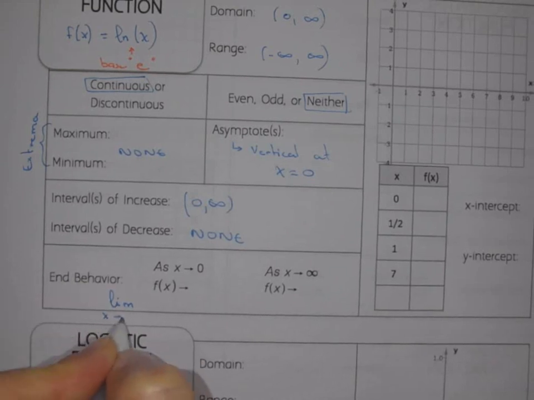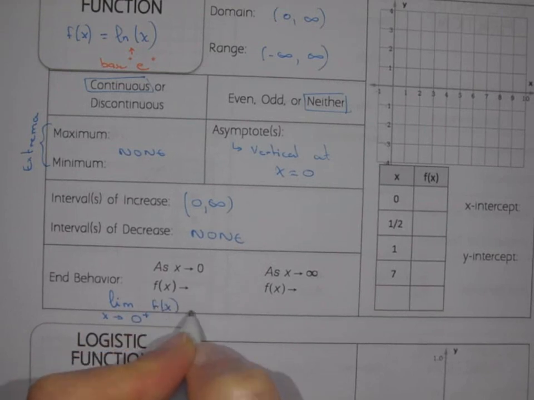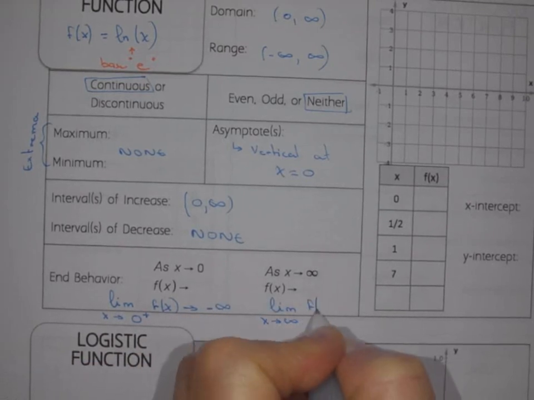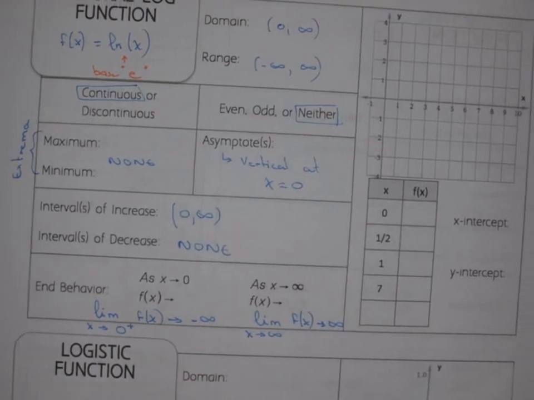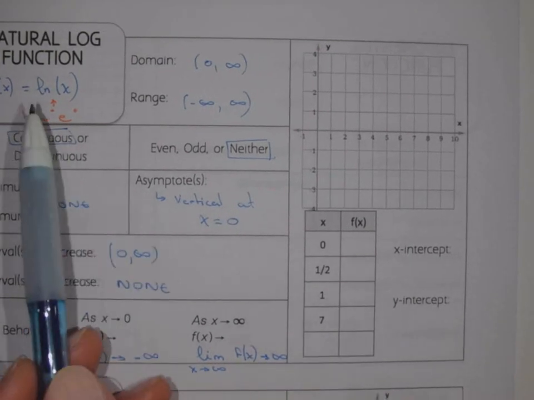So as x approaches 0 from the right of f of x, my function is going down to negative infinity, and the limit as x approaches infinity is going to infinity. Now the values are going to be a little bit different because now I have a base e, right?